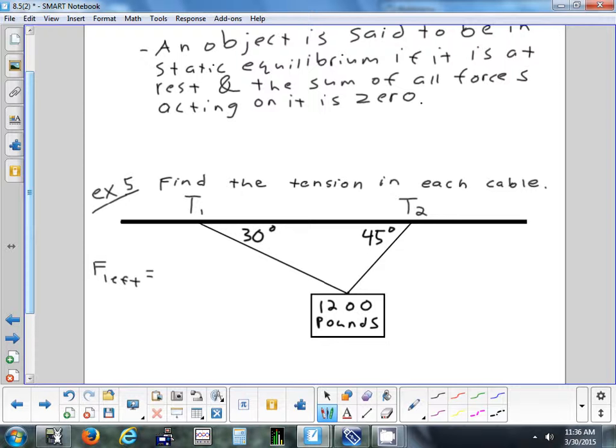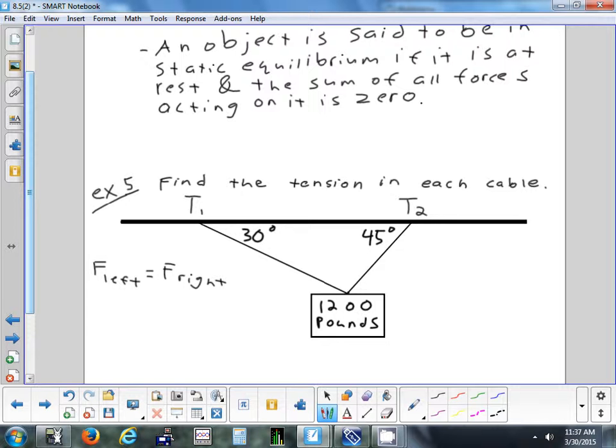So if it's not moving left or right, then the only way that can happen is the force pulling to the left and the force pulling the other way are balanced. To the right. If this doesn't happen, you have movement horizontally. Okay? If the forces are balanced, it won't move left and right.